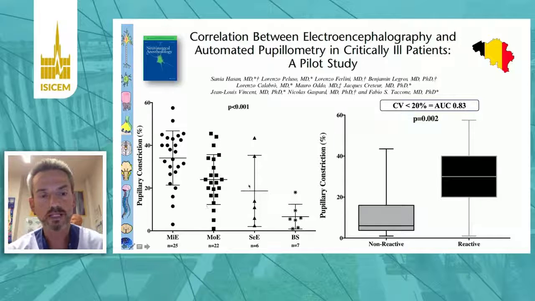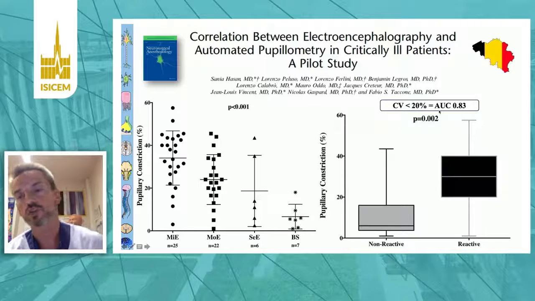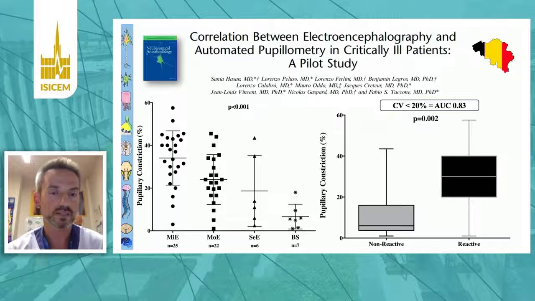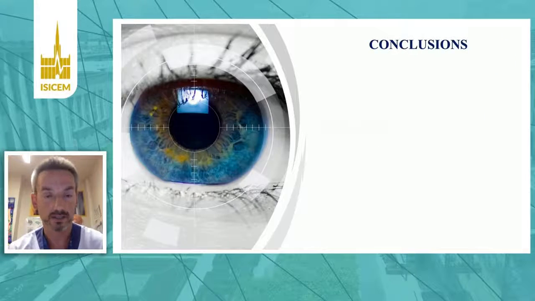And a constriction velocity less than 20% had an area under the curve of 0.83 to predict an unreactive EEG, which means pupillometry could be used to identify a poor pattern of EEG function, or patients at risk of having poor function, and maybe these patients would deserve EEG monitoring if not initiated yet.